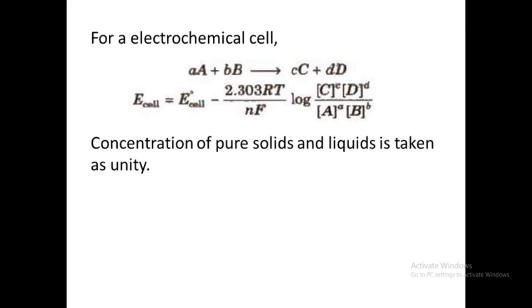Capital A, B, C and D are reactants and products, but small letters a, b, c, d represent the coefficients which are used to balance the chemical equation.